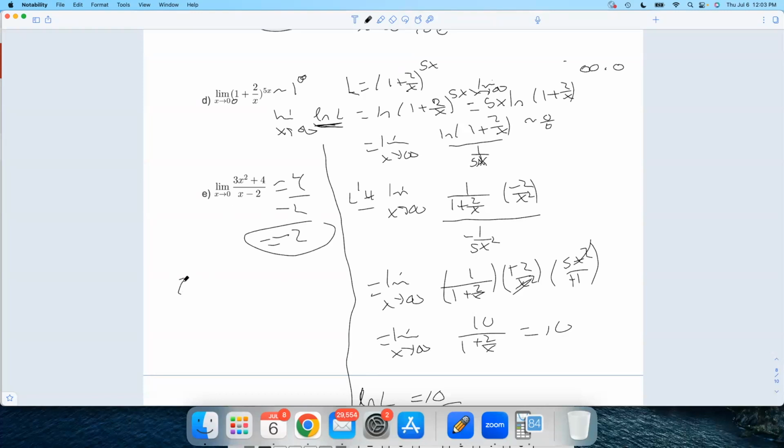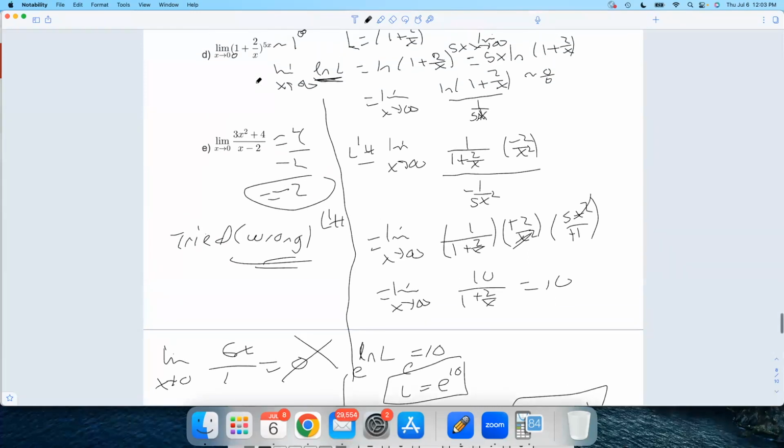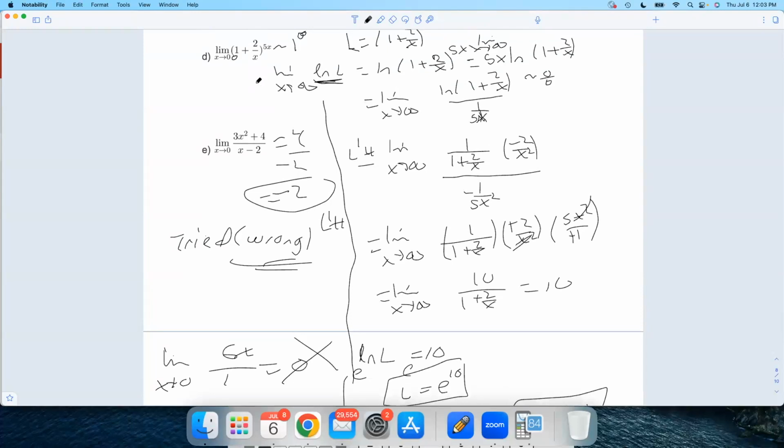If I tried L'Hopital, I'm going to put here, this is wrong. If I tried L'Hopital, I would get limit as x goes to 0 of 6x over 1. I would get 0. But that is wrong. First thing you try when you're evaluating a limit is try plugging it in.